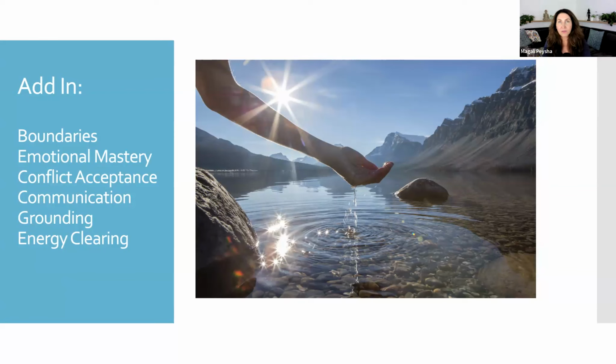Might be so flexible that they're like a chameleon adapting to other people's needs and not being able to set boundaries or say no in a loving way, in a clear way. So there's a lot we can add in to help water become more balanced.